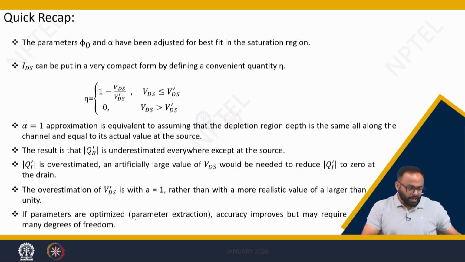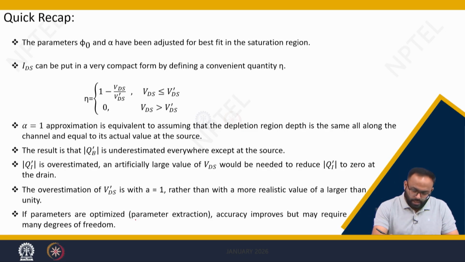So, let us start this lecture with a quick recap. In previous lectures, we said that we will define the current in terms of the terminal voltage as W divided by L mu into COX dash into VGS minus VT into VDS minus alpha times VDS square divided by 2.